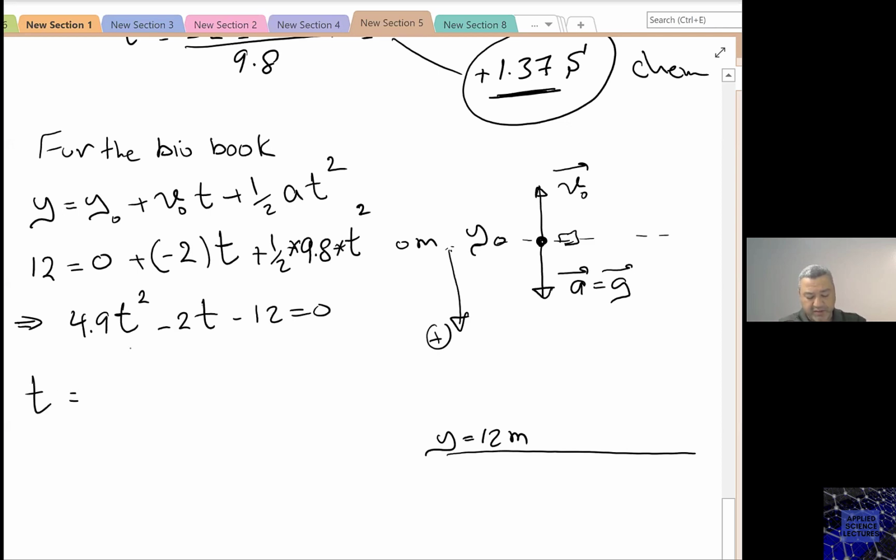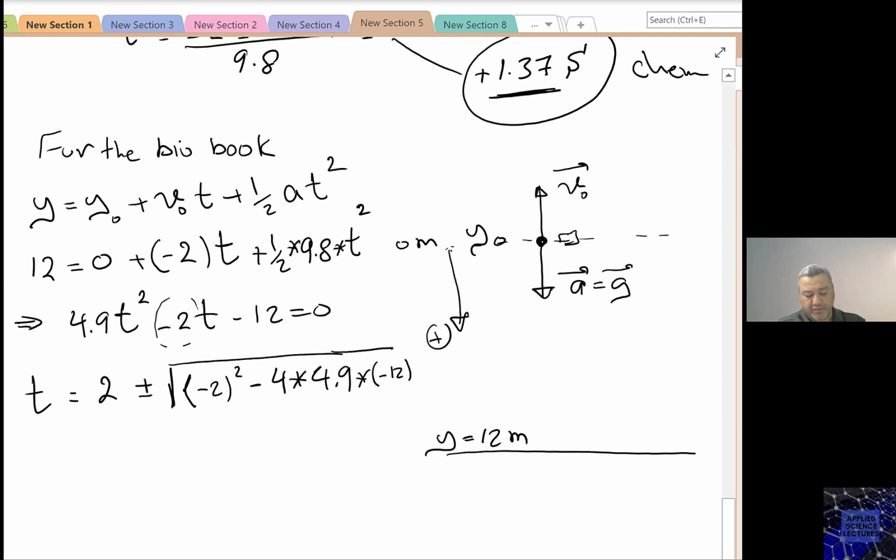So if I am to solve for t in this case, then I have t equals minus b, which means that this is going to be positive 2, plus minus the square root of b squared, which is -2 squared, minus 4 times a, 4.9, times -12, divided by 2 times 4.9.